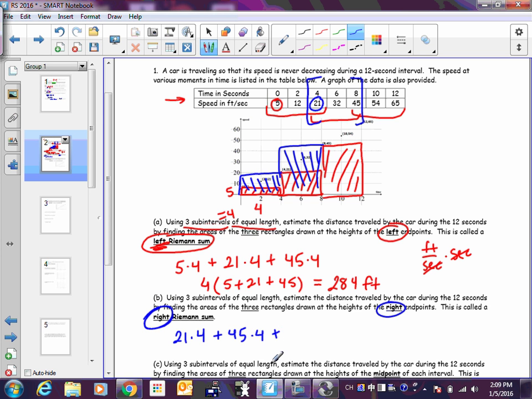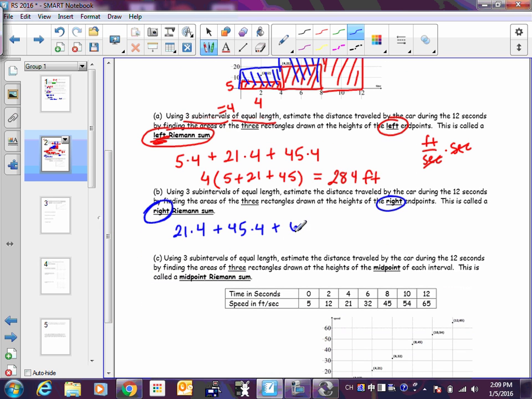And then what would the third one be? 65. And again, when you type this in your calculator, you're probably going to want to do something like this, but that's up to you. And you should get 524, and the units are still going to be feet.